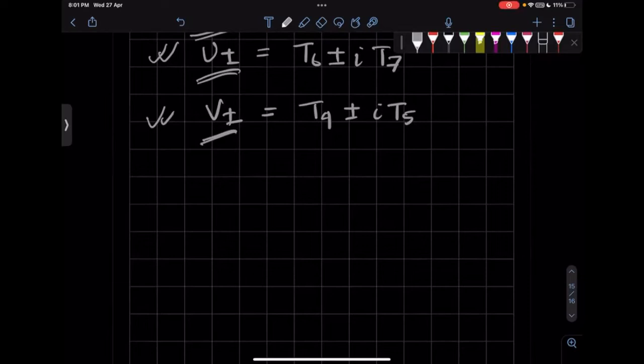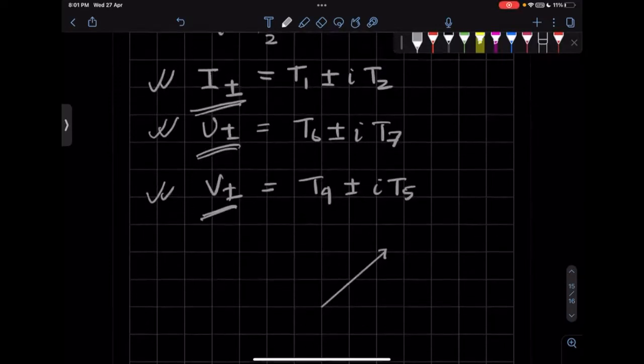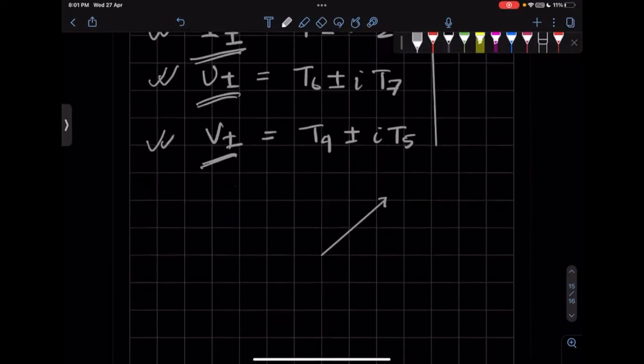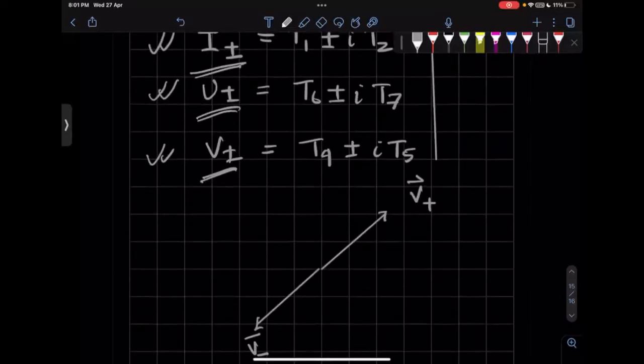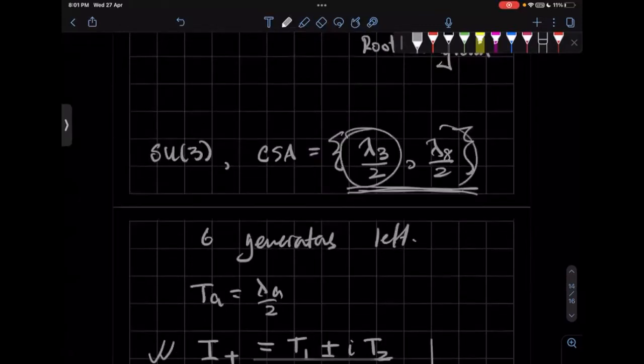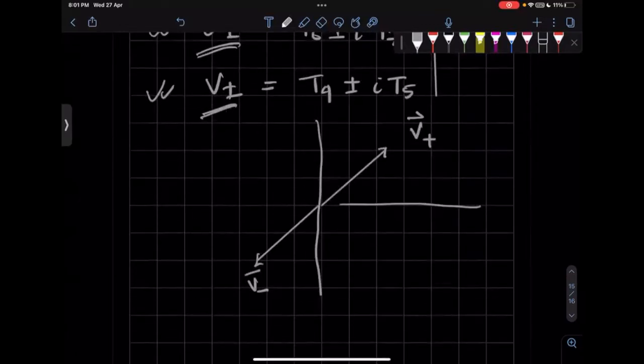It will have the vectors associated to these non-Hermitian operators. There'll be V plus, and then V minus takes you in the opposite direction. This is the space in which the X and Y coordinates are changing these values, and each of these has an SU(2) substructure.